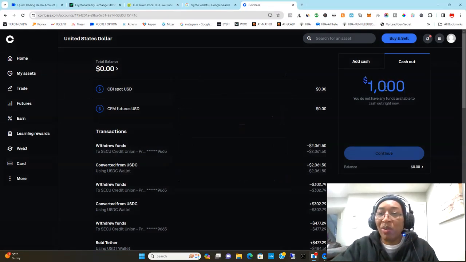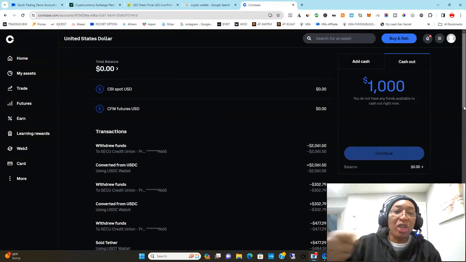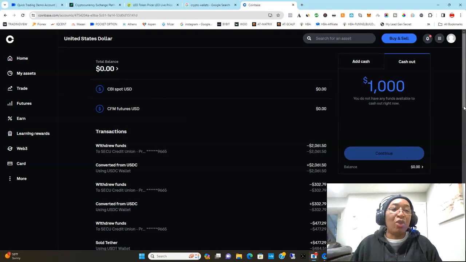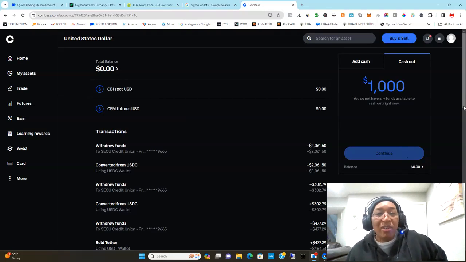If it's 1,000, whatever you want to spend, you hit continue, and then it allows you to pick your bank account or debit card, whatever you want to cash it out to. Or you can take it to your Coinbase card, their debit card, to spend the money. That's all you have to do, guys.